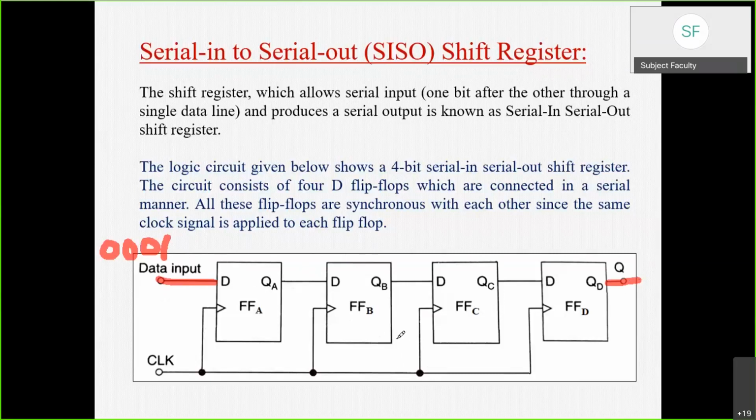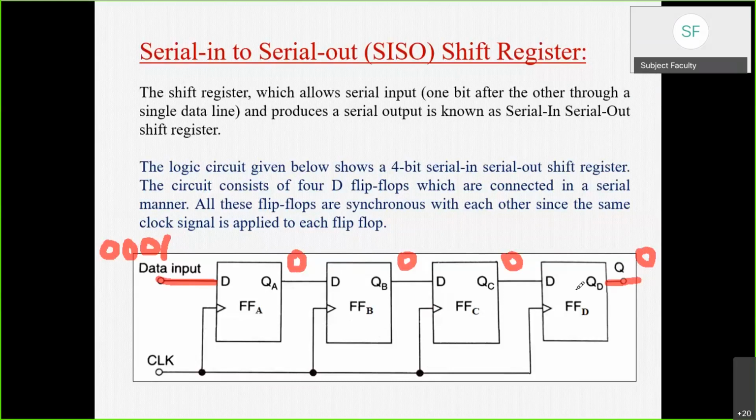Now we will see how this transfer actually happens. Initially, we have assumed that all the flip-flops are reset, so QA, QB, QC and QD are all at 0.